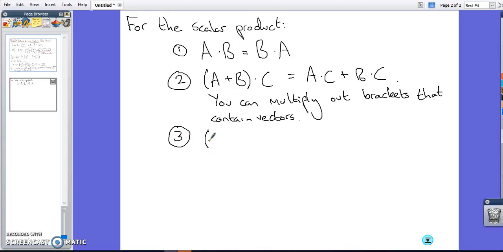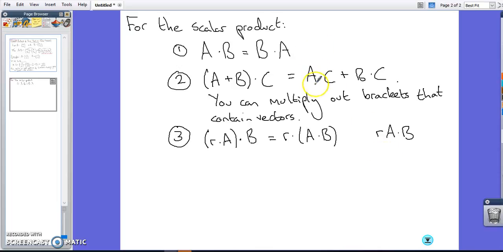So if we had a scalar times a vector, and then we dotted that new vector that we got, so that multiple of A, with the vector B, that's the same as multiplying a scalar by the dot product or scalar product of A and B. So it doesn't matter which order you do your multiplication in if you have an expression like R A dot B. It doesn't matter if you do R times A first, or even indeed R times B first, or if you did A dot B and then multiplied by the R. It really doesn't matter which way round you do things.